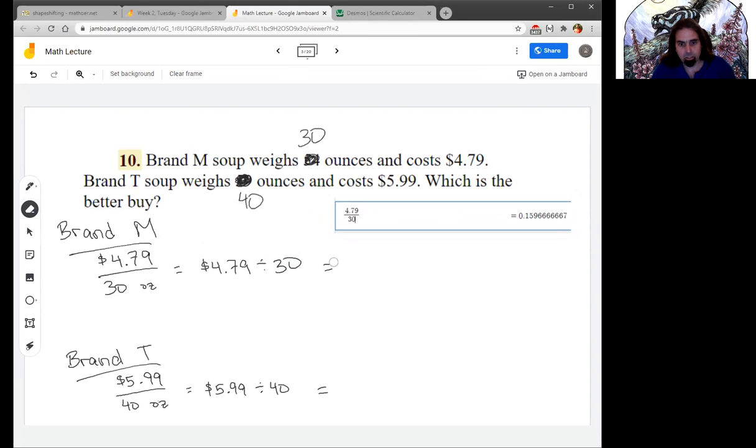Oops, I should do rounding. So round up, 0.16. That's dollars per ounce. And in real life, we would probably write it as 16 cents per ounce, but that's okay.